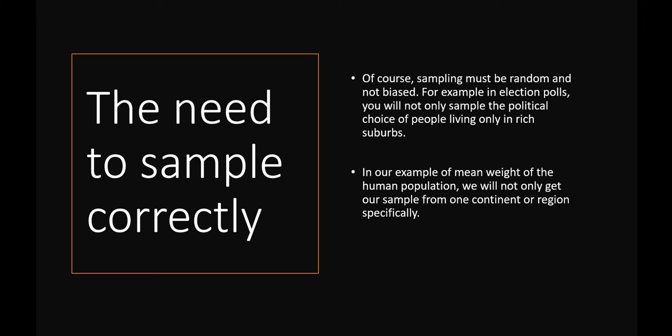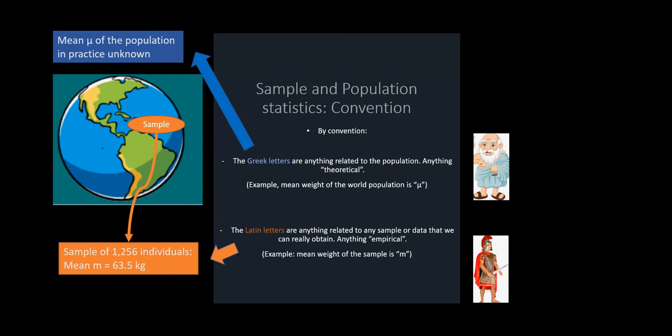You need to sample more randomly across the regions, continents, etc. I took the example of the world because it's a massive population, and then it can give you an insight of what population is and what a sample is. Our sample is composed of only 1,256 individuals. It could have been 2,000. I made up that number, to be honest.